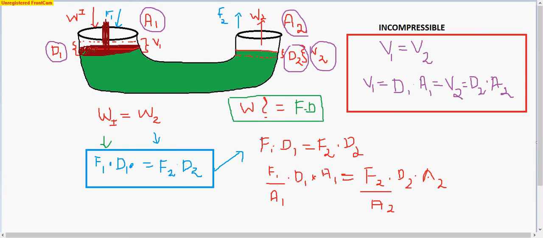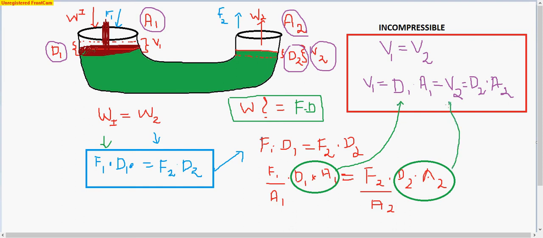Let me ask you something. What is this? And what is this? d1 into A1, d2 into A2, and I hope you've recognized it. It looks similar to the second thing we put in a box, which states that V1 is equal to V2, therefore d1 into A1 is equal to d2 into A2.